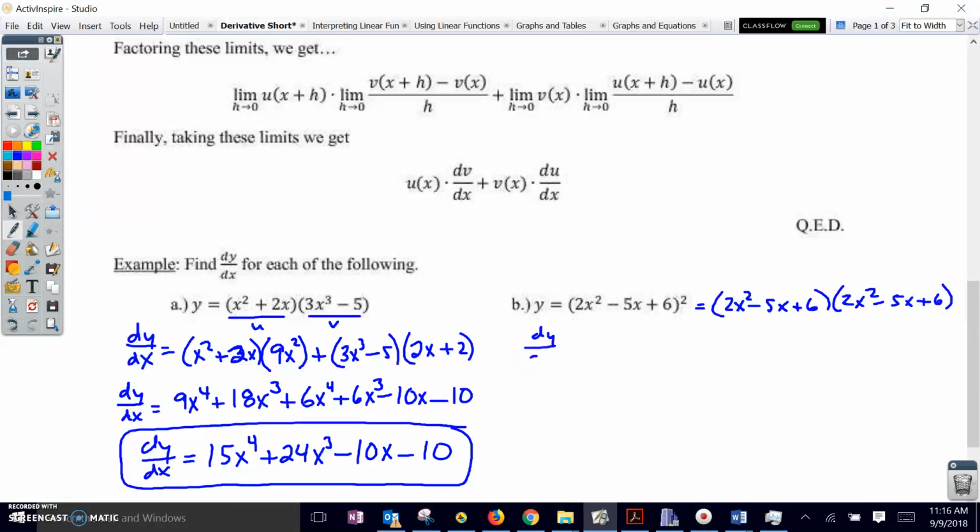And so the derivative of this is going to be u times the derivative of v, and the derivative of v here is just going to be 4x minus 5, plus v times the derivative of u.